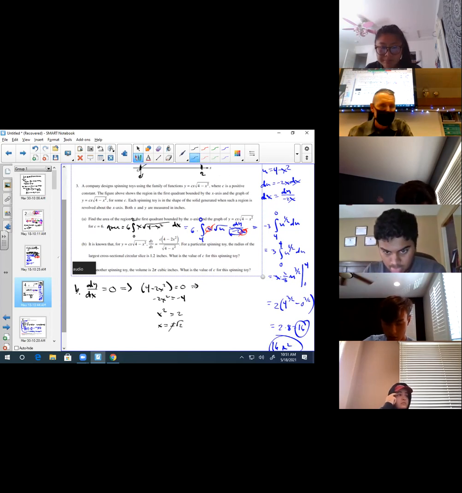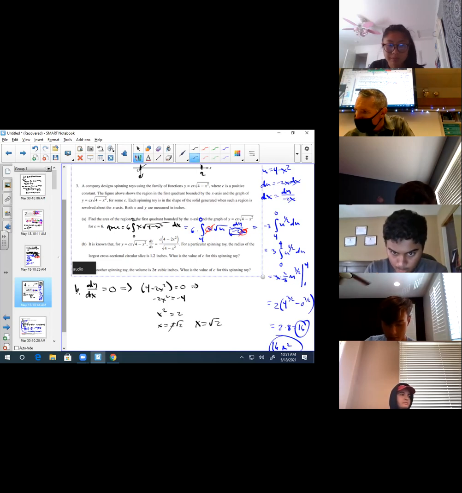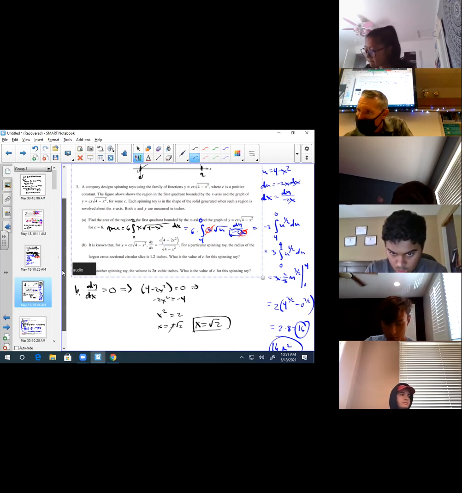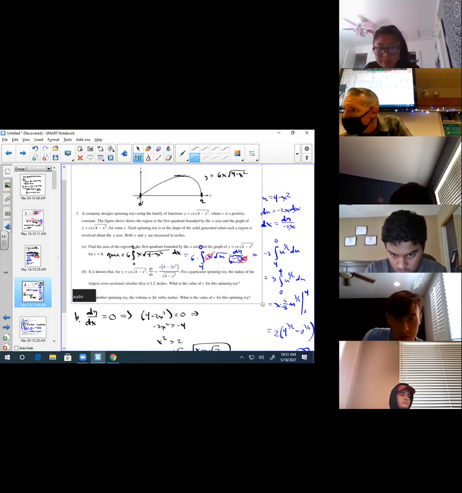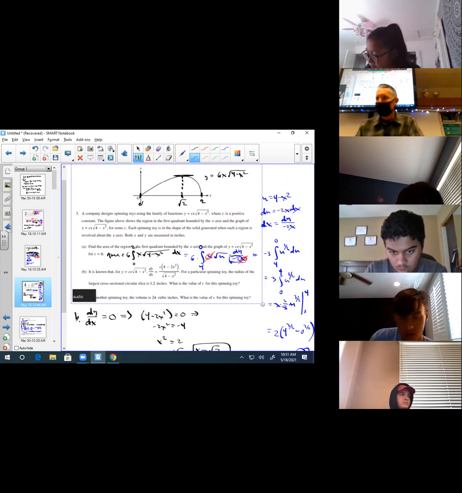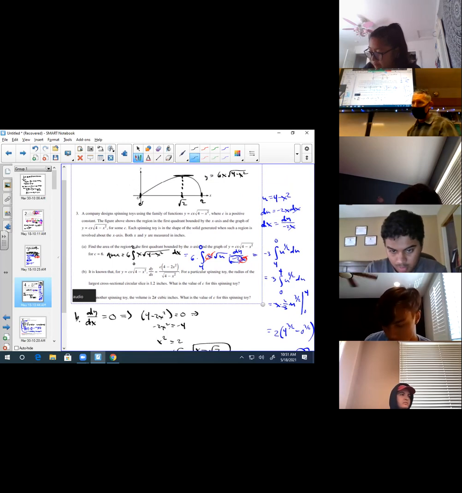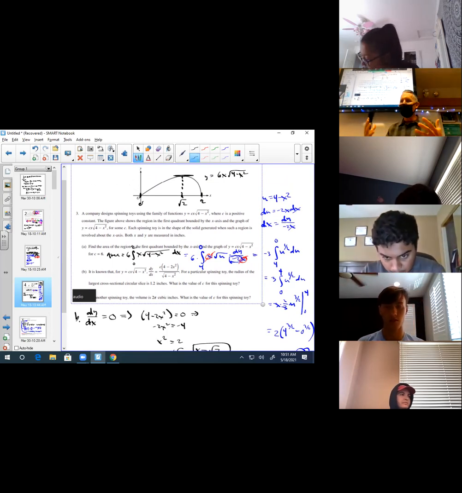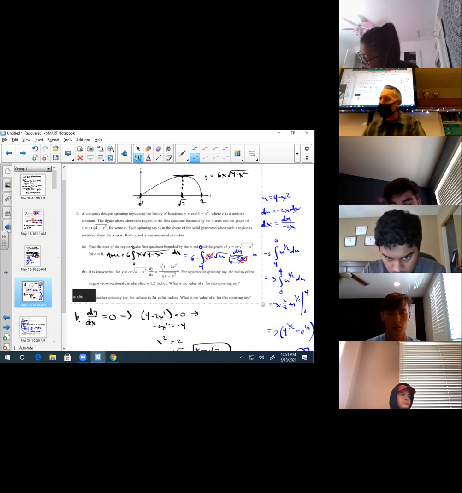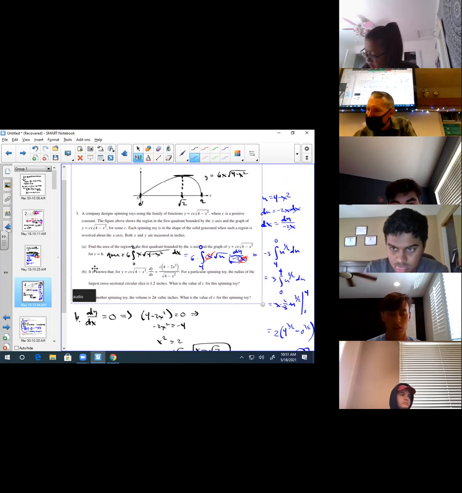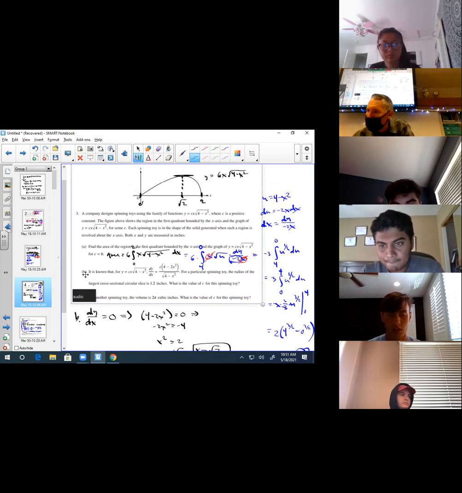It's not going to be the negative because I'm in the first quadrant, so x equals root 2. So this max right here is going to be root 2, okay? That's when the cross-sectional circular disc is going to be maximized.